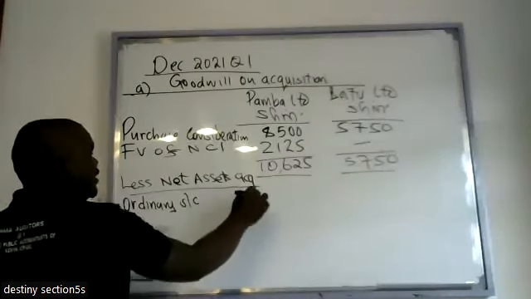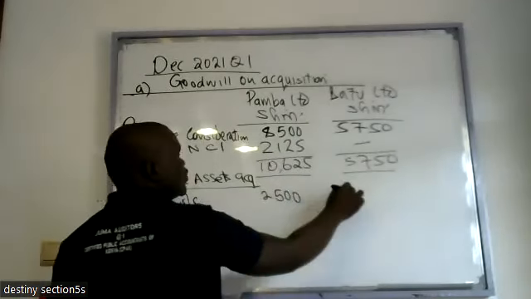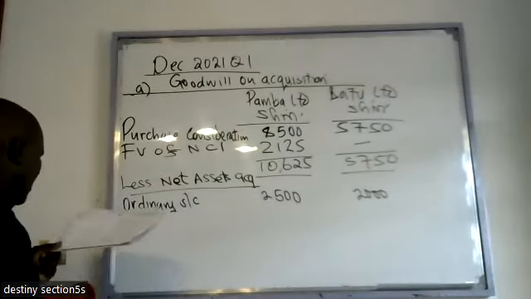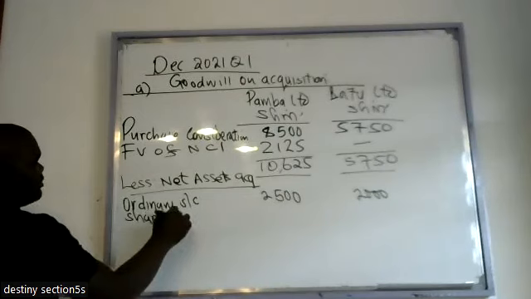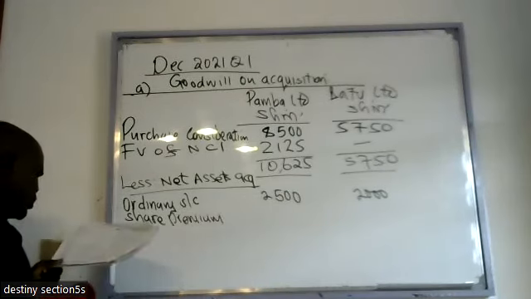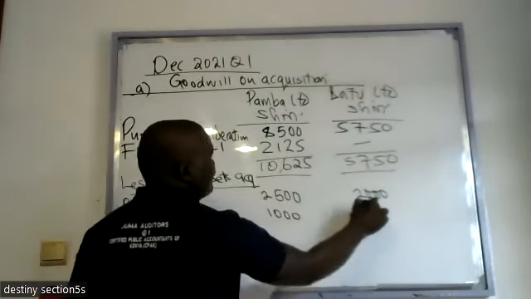We have 25. We have 2. Then share premium, we have 1.5.